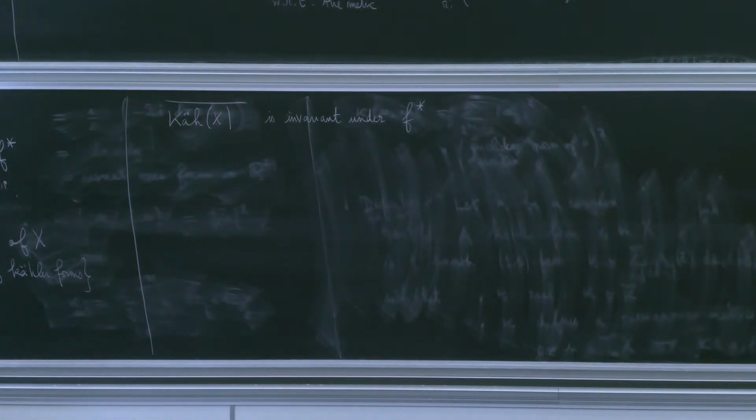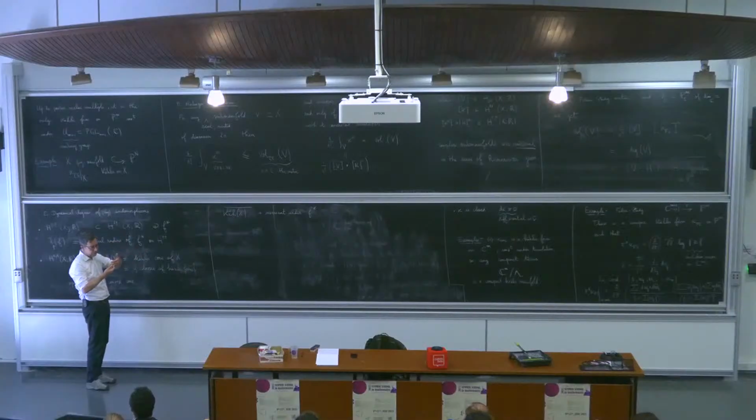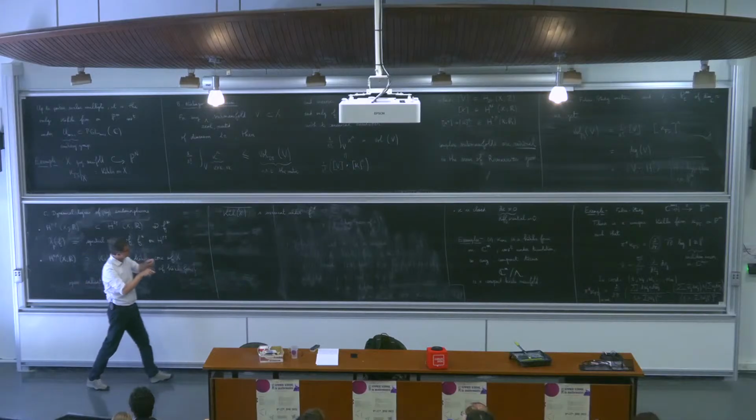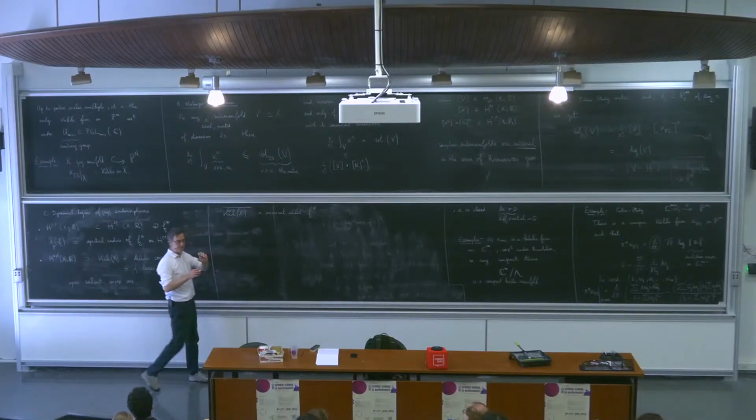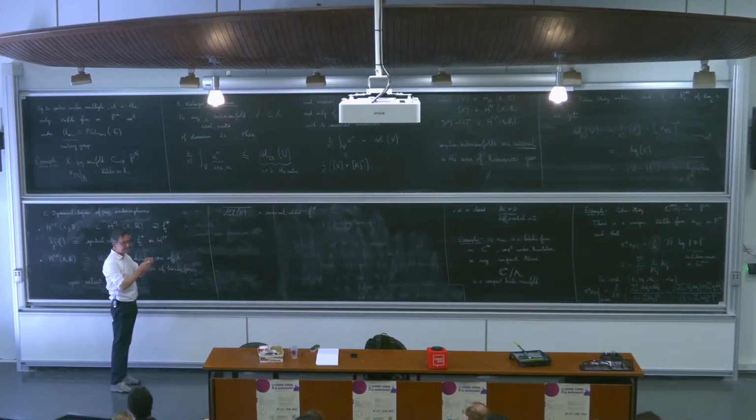Because if you take a Kähler form and you pull back by an endomorphism, again you get a closed form. Again it's positive, but maybe it vanishes when the endomorphism is not a local isomorphism, a local diffeomorphism. But if you perturb a little bit by adding a small Kähler form, then you end up in the Kähler cone.